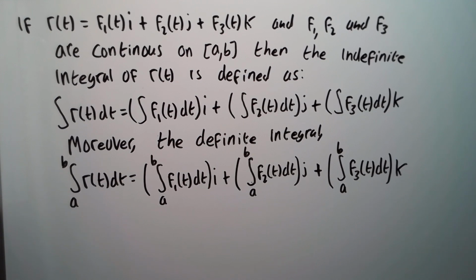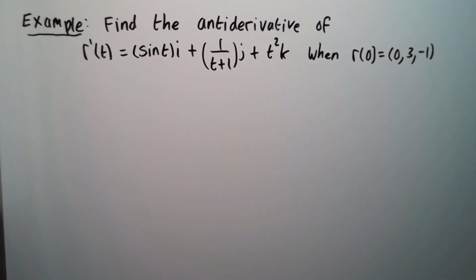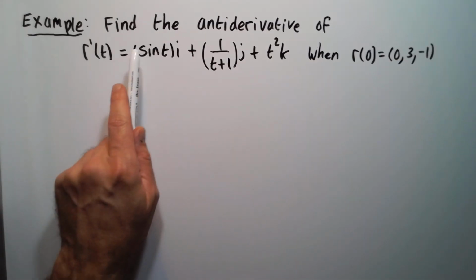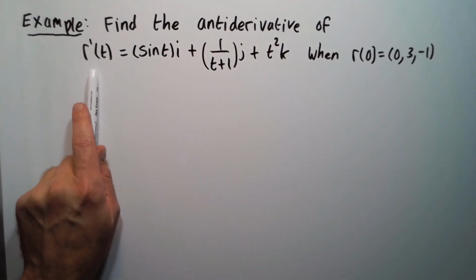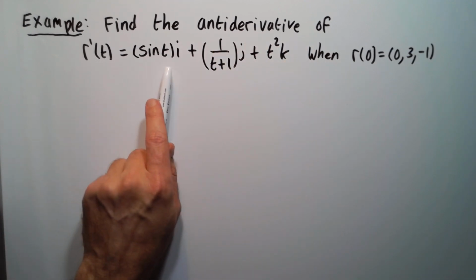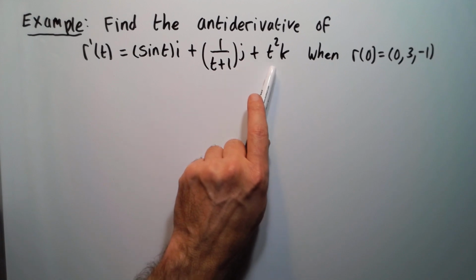Okay, now let's look at an example here. So I'm going to erase this now and write up an example. Okay, so example, find the antiderivative of r prime equal to sine t i, 1 over t plus 1 j, t squared k.